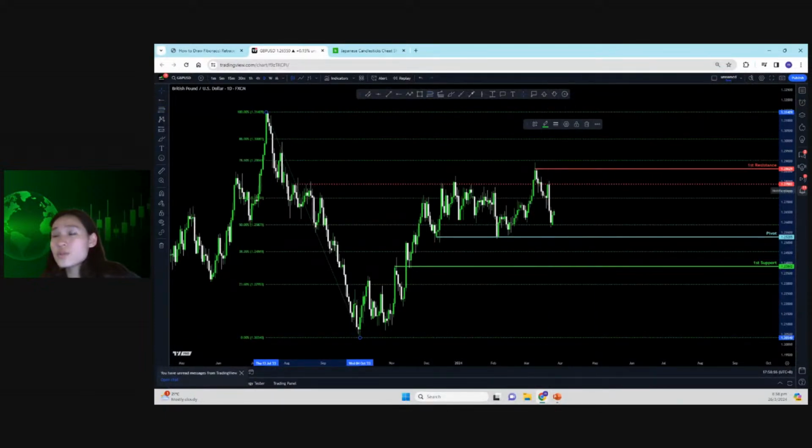So now I'm looking for Fibonacci levels to support my horizontal levels. So these Fibonacci levels don't have to line up exactly in line with your horizontal levels because, like I mentioned earlier, we're looking for confluence areas, which is basically when two or more Fibonacci levels line up in the same area.